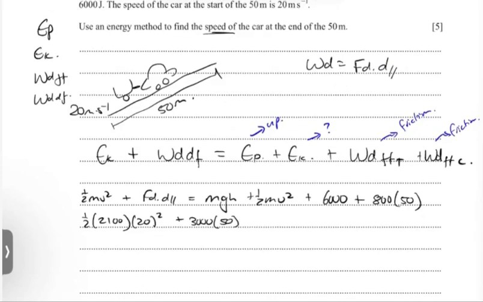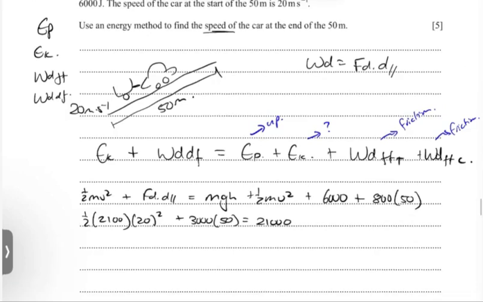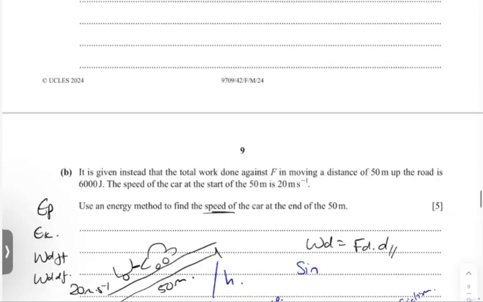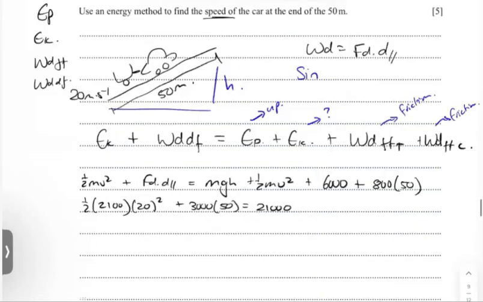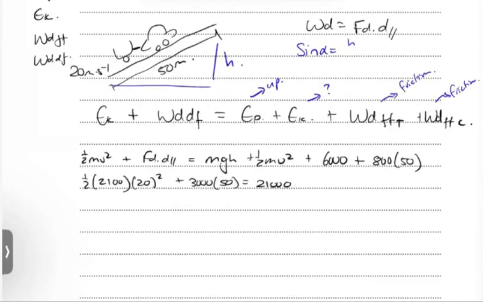Then we've got our mass. So we need to take the full mass times gravity and our change in height. Let's quickly look at our change in height. Sine of theta, sine alpha is opposite over 50.